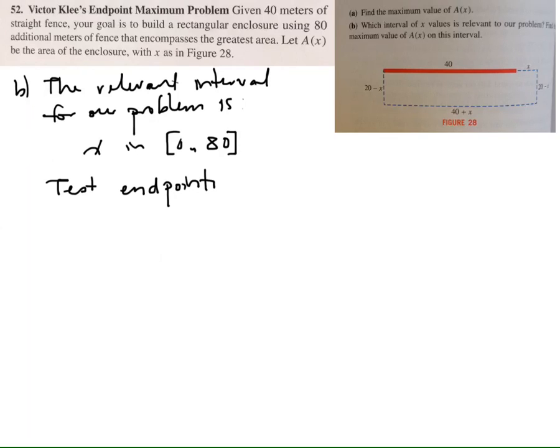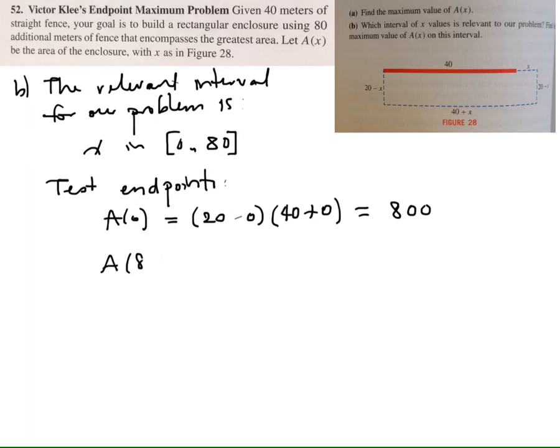Now we're maximizing over a closed interval again. So let's see, A of 0, that was equal to 20 minus 0 times 40 plus 0, and that is, let's see, 20 times 40, that's 800.